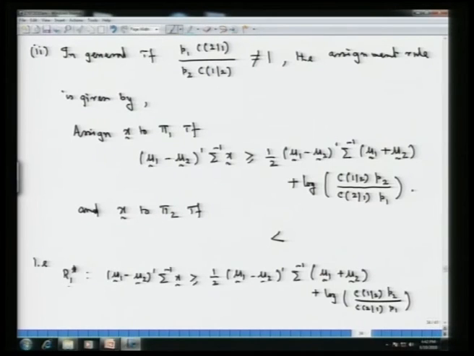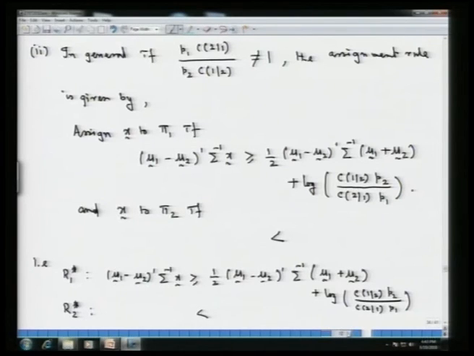So, this becomes the region R1 star, the assignment region for the pi 1 population, and this is R2 star, which is the left hand side less than the right hand side here. So, we have got this classification rule under the general setup also.